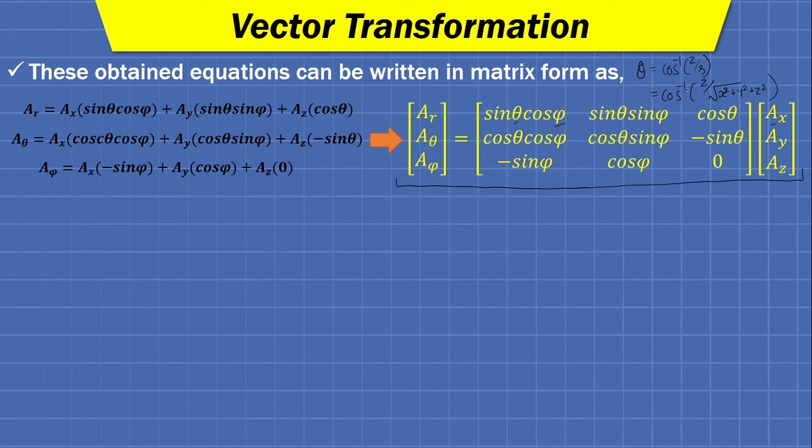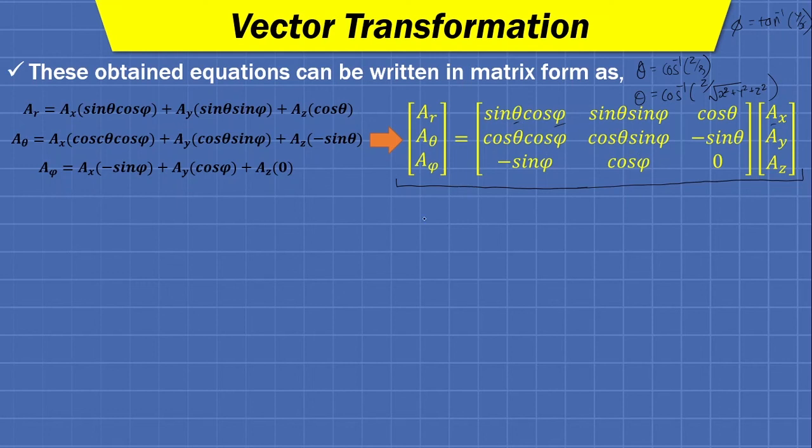So by simply knowing the values of x, y, z you can find the value of theta. In the same way, phi is defined as tan inverse y by x. So knowing A_x, A_y and A_z you can easily find A_r, A theta and A phi with this matrix relation.